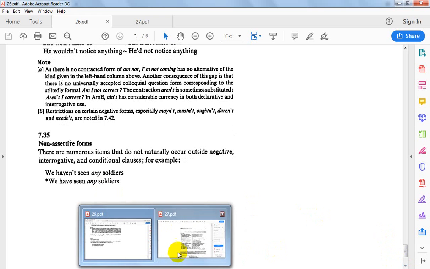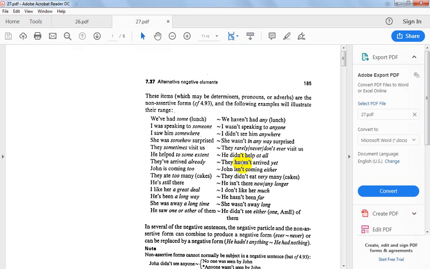Just here I have more than one example. طبعا يعني عندكم فكرة عن الموضوع إنه مثلا some in positive will be any in negative. Yet, already will be yet, and we have more than one example here. These items, which may be determiners, pronouns, adverbs, are the non-assertive forms, and the following examples will illustrate their range.